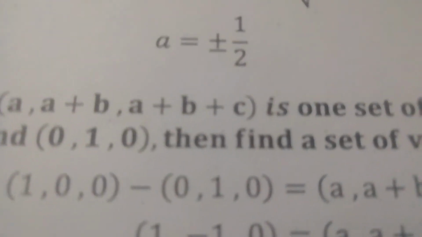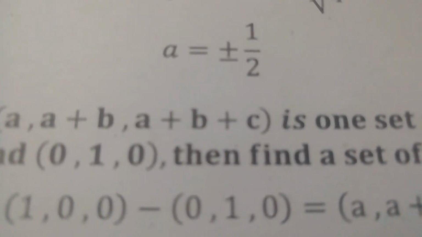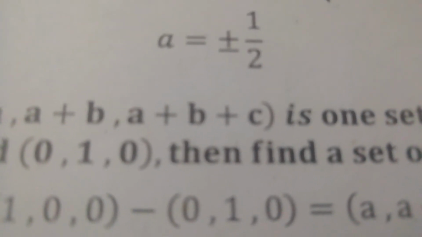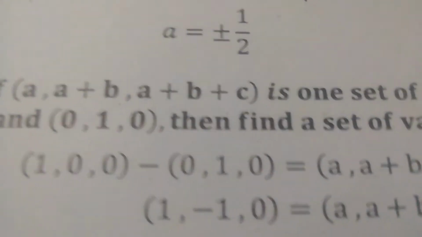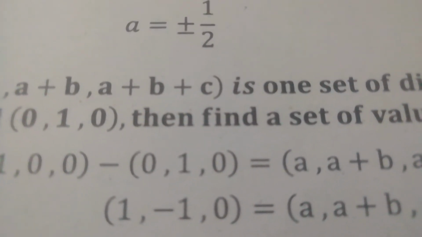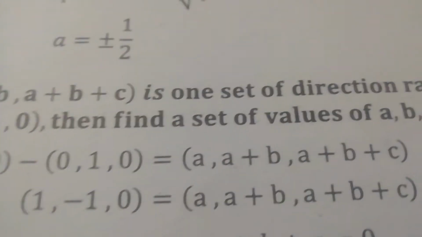If a line joins two points, you can find x₂ − x₁, y₂ − y₁, z₂ − z₁. So after subtraction we get −1, 1, 0.